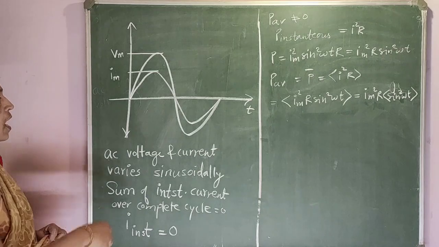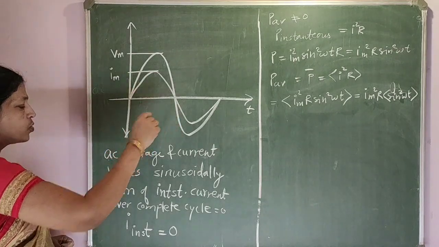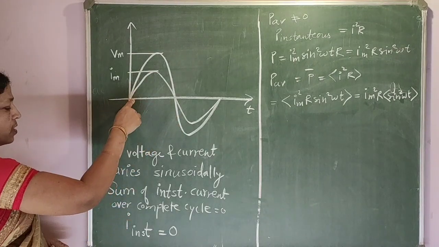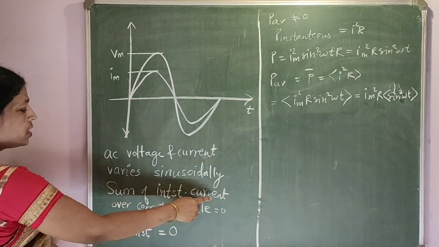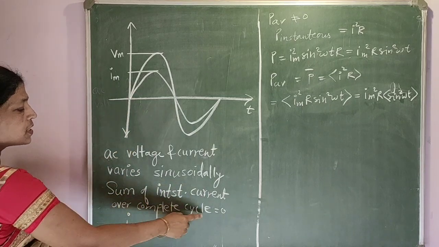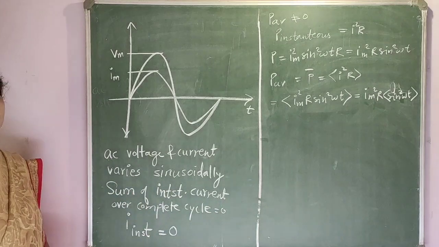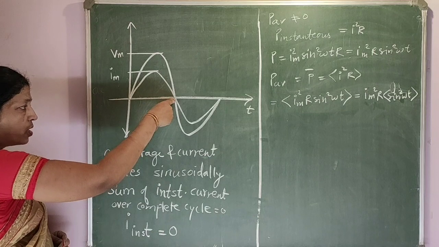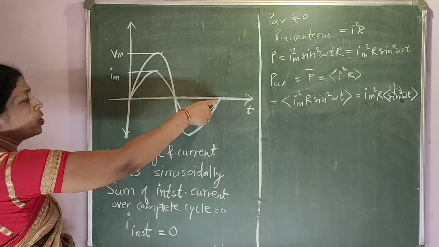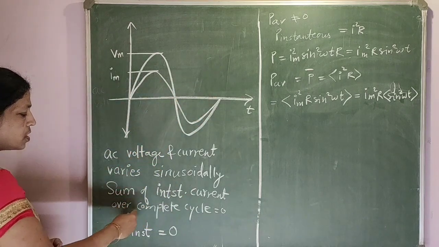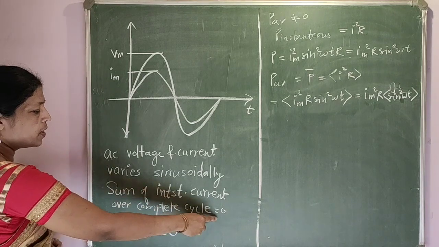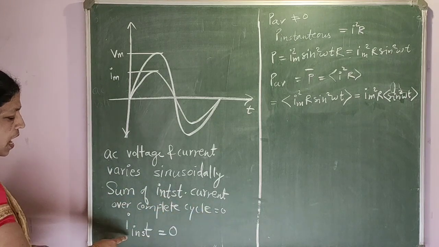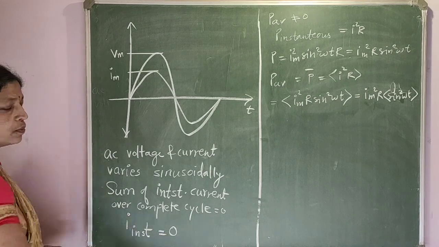AC voltage and AC current both vary sinusoidally, and due to that the sum of instantaneous current over a complete cycle will become equal to 0. Whatever positive values of current are there, the same negative values of current are also there. So the sum of instantaneous current over a complete cycle will become equal to 0.